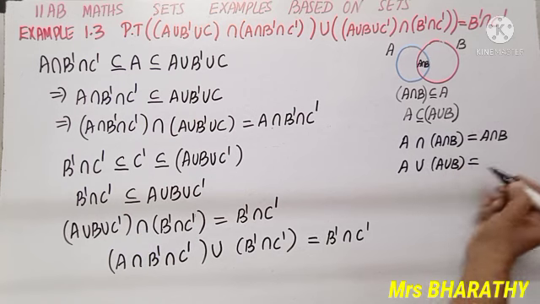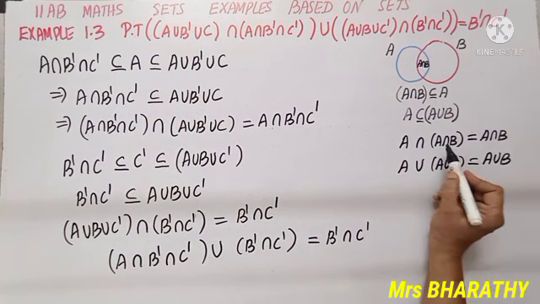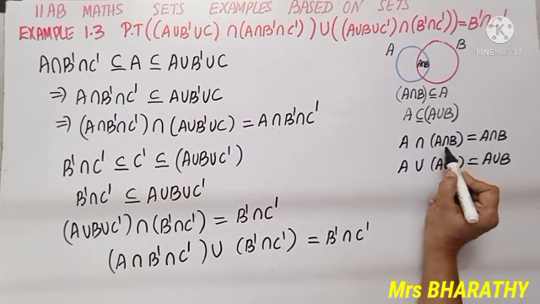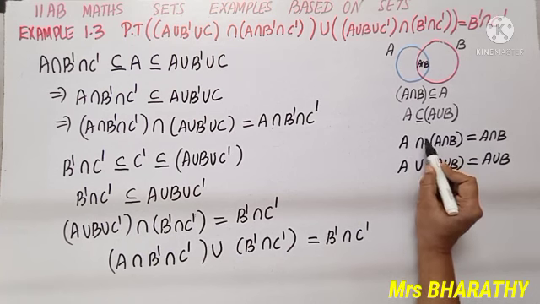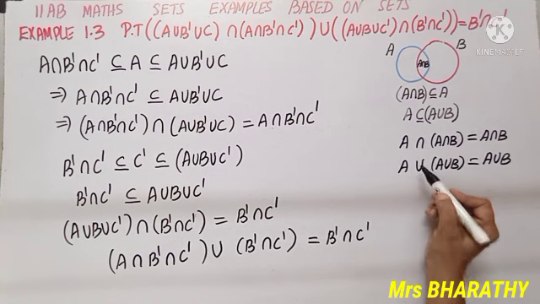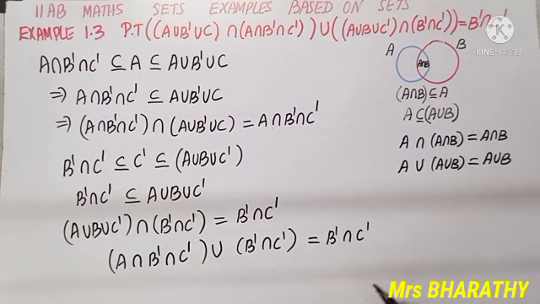Union means choose the union as my answer. Is the idea clear? Here this is the smaller set, this is the bigger set containing that. So when I want intersection, I will choose the small set. When I want union, A contained in A union B tells me A union B is my answer.